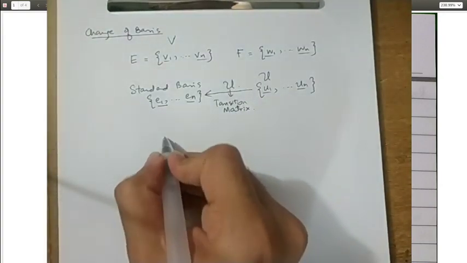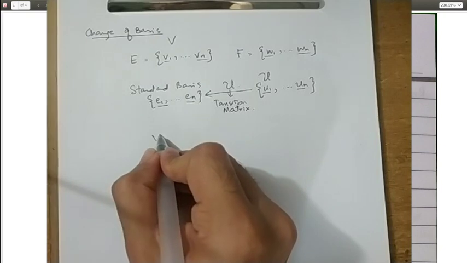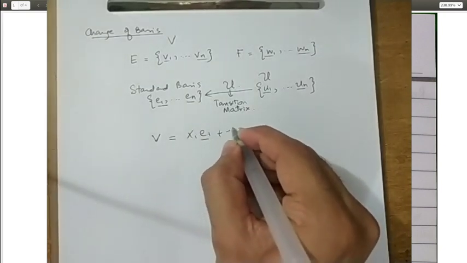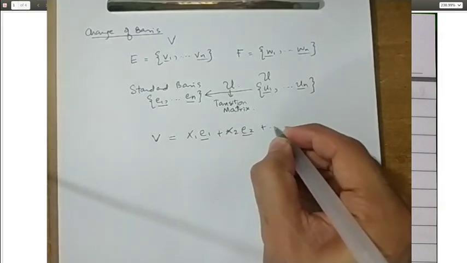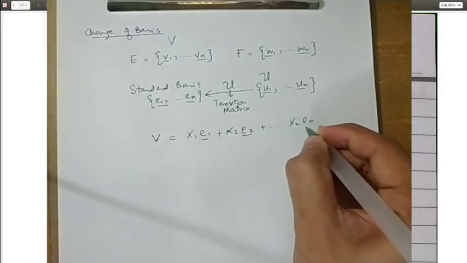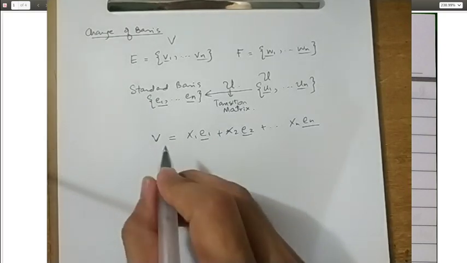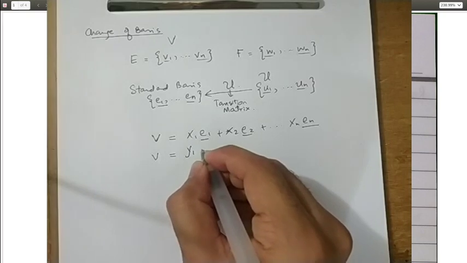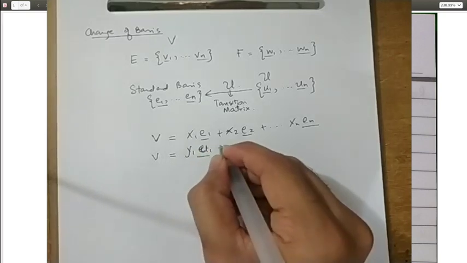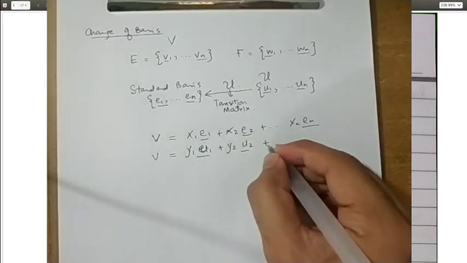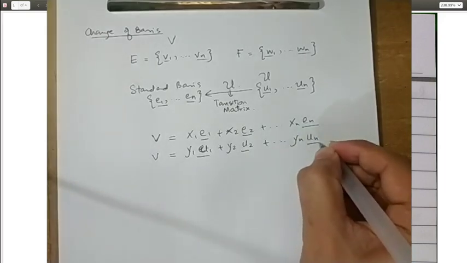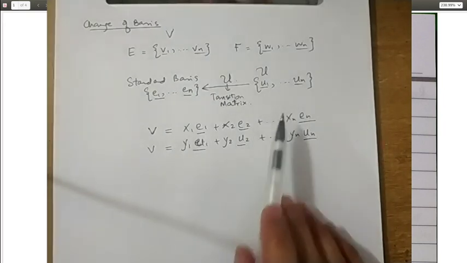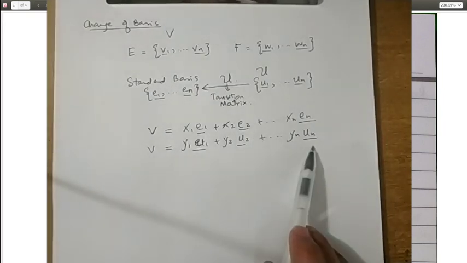Which basically means that if your vector is V and it's x1 E1 plus x2 E2 up until xn En, and the way it's represented in the non-standard basis is y1 u1 plus y2 u2 plus up until yn un, then this is the same vector but expressed in terms of the standard basis and expressed in terms of the u basis.